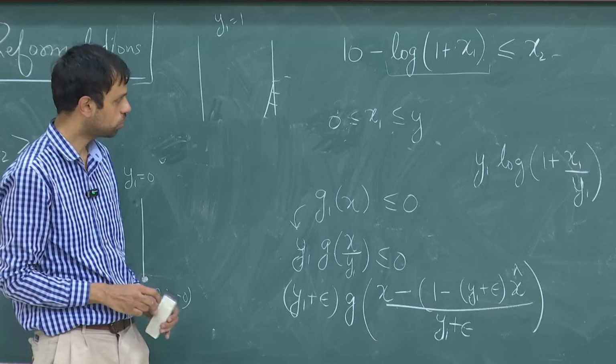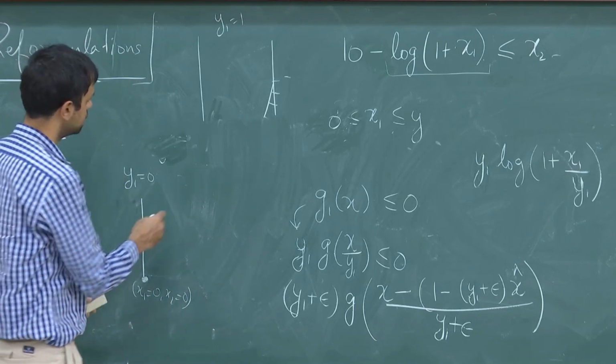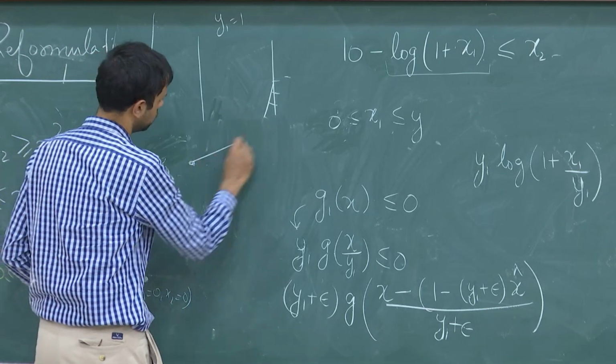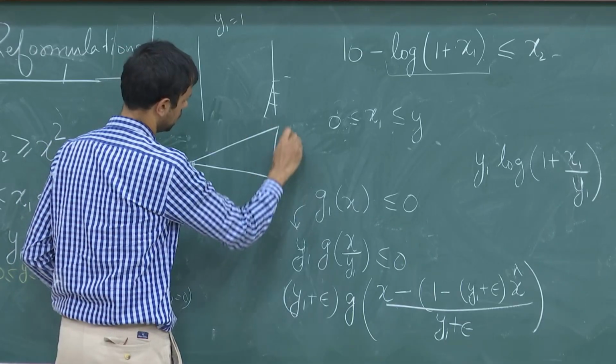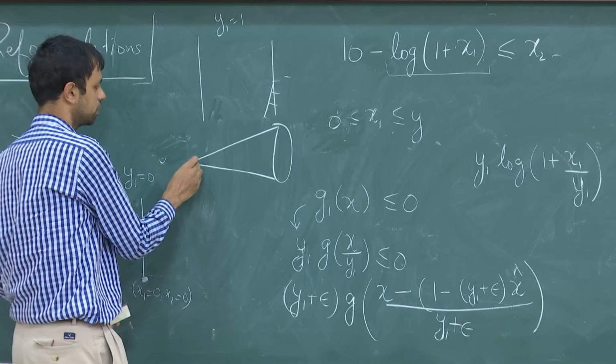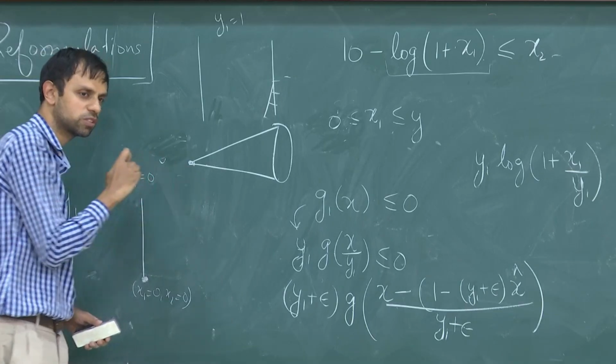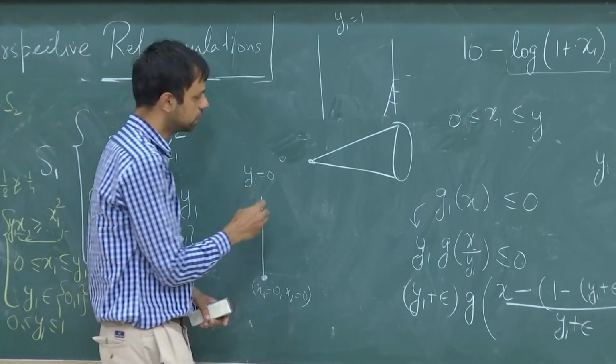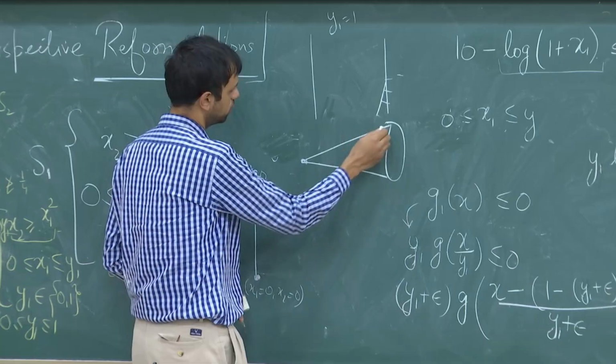So the idea here is that instead of having a cone like this, with numerical difficulties here because things go to 0, you add a little bit to it in some ways.